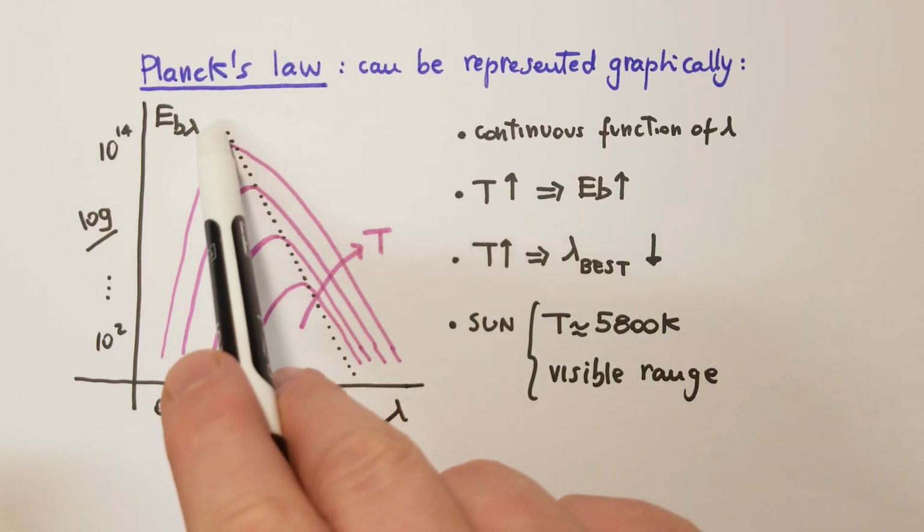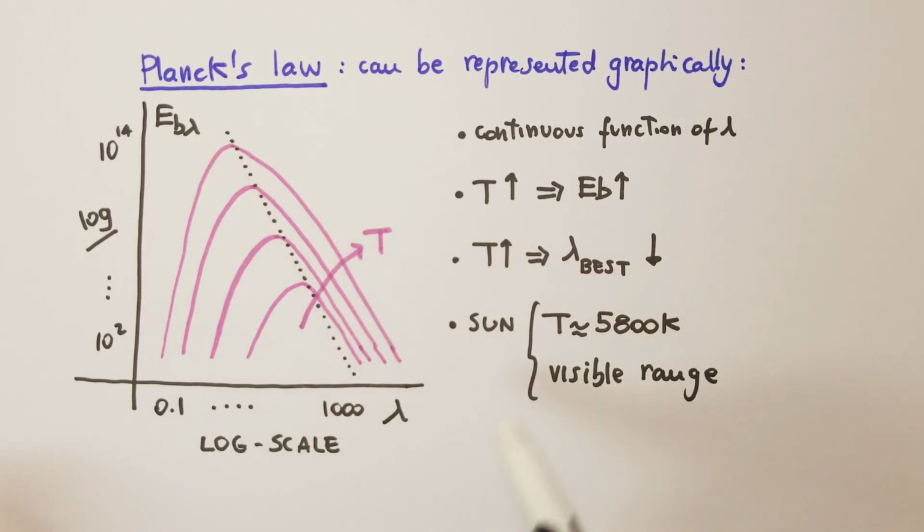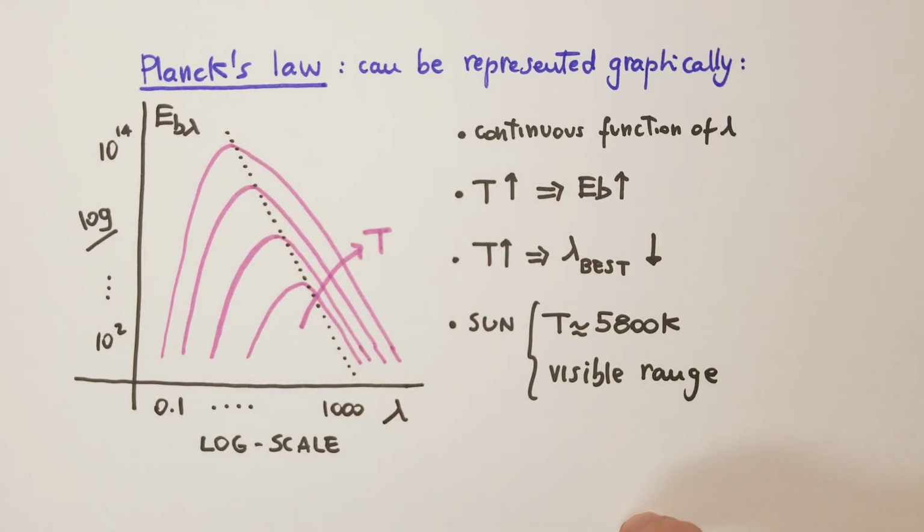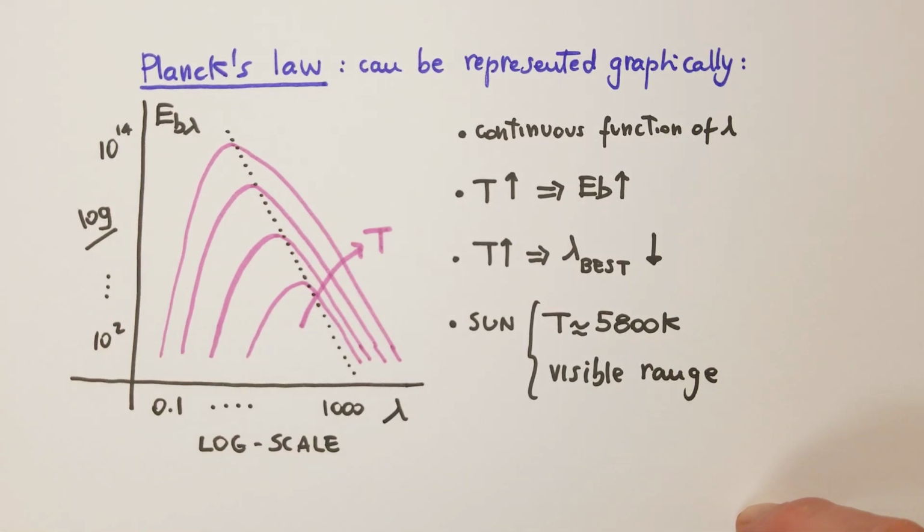And the sun is right here. The temperature is about 5800 Kelvin and it is also in the visible range. So we can say, of course, the sun gives us light, the ability to see, but also, of course, it gives us energy through radiation.